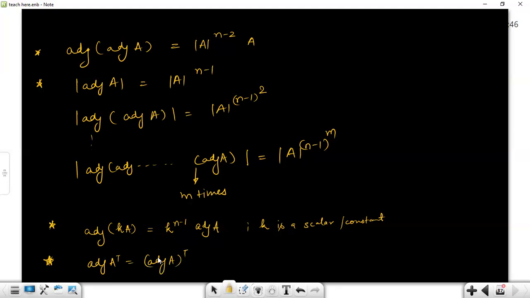Clear? Any doubts? Similarly, the adjoint of A raised to power n, where n can be any power, is equivalent to adjoint of A raised to power n.